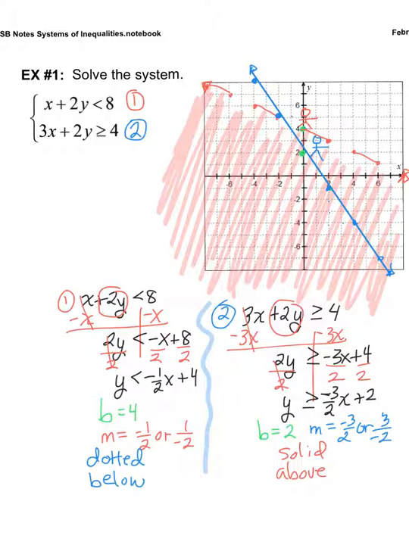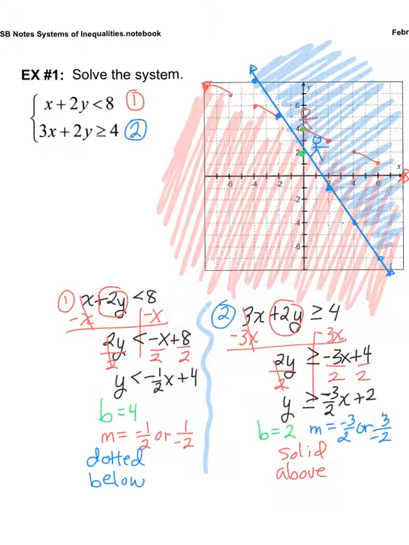So if I'm going to go above is where the air and sunshine is, that's all up here. That's where the air and sunshine is. So I would be in the shading. So all of this is where the air and sunshine is. So then the solution is right in here where the two shadings intersect. So I'm going to label that with a great big S for solution. That's all there is to it.